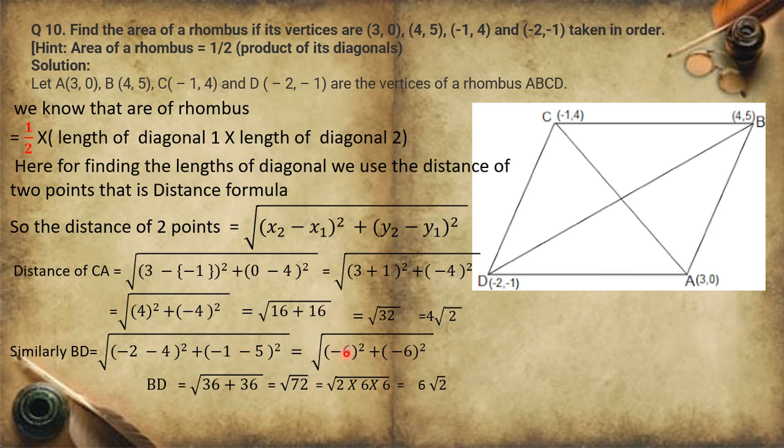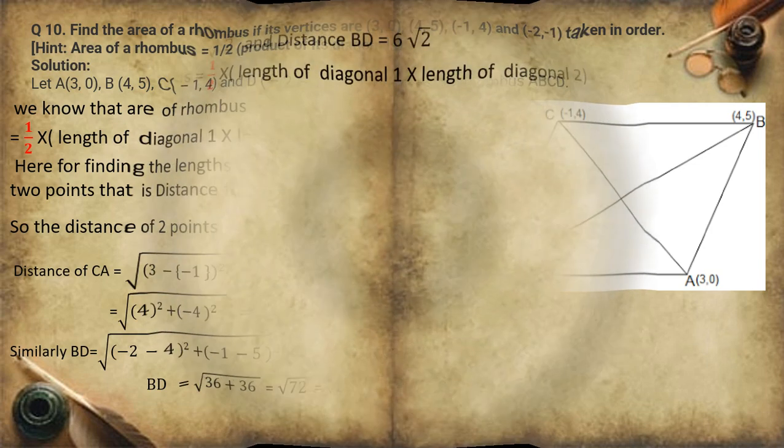That means minus 6 square is 36, again minus 6 square is 36, so it is square root of 72, and square root of 72 we can express as 2 into 6 into 6. So this 6 will make a pair of same digit 6, so it will come out of the square root sign, so the value we get is 6 under root 2. This is the diagonal BD.